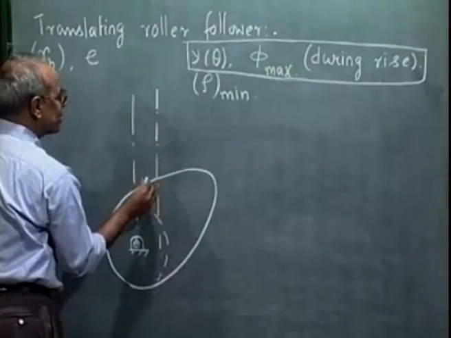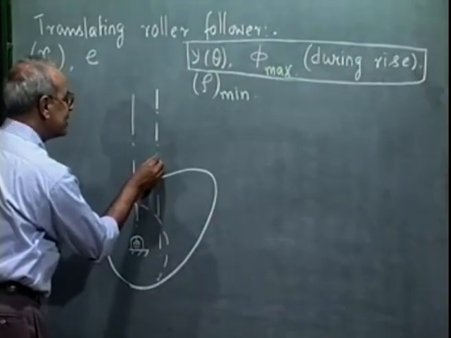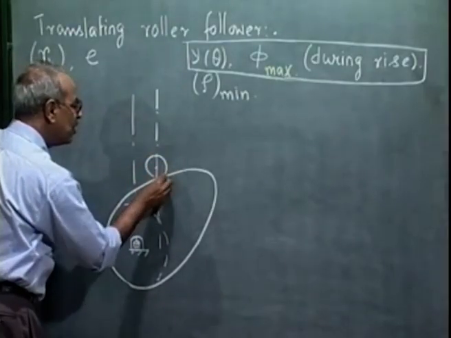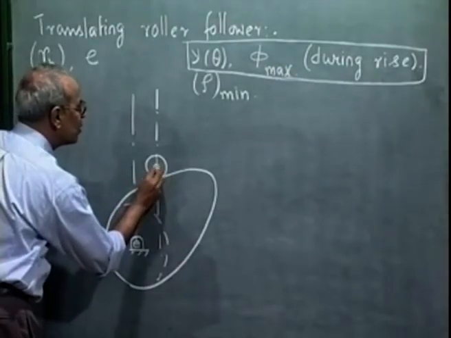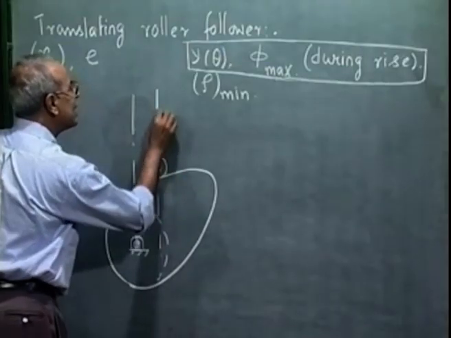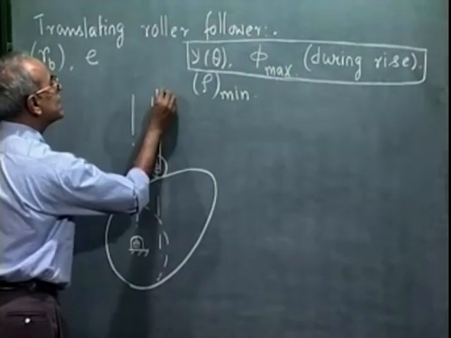Let this be the follower axis. The roller center is here. This is the roller which is hinged to the follower.